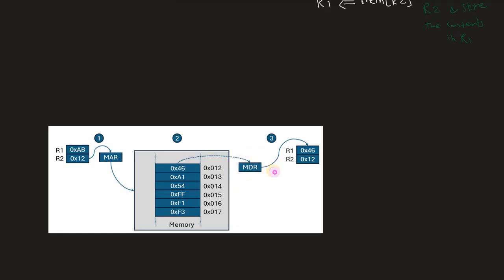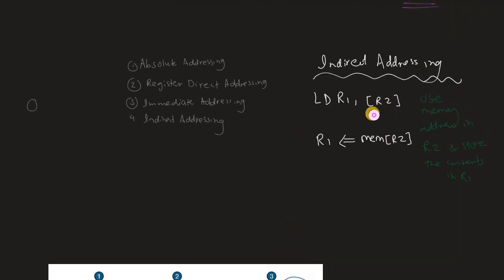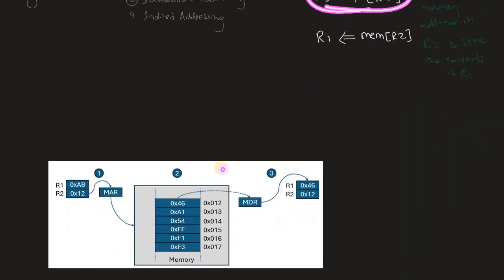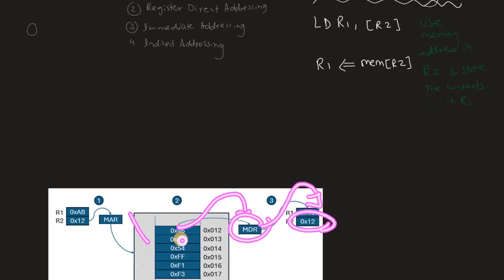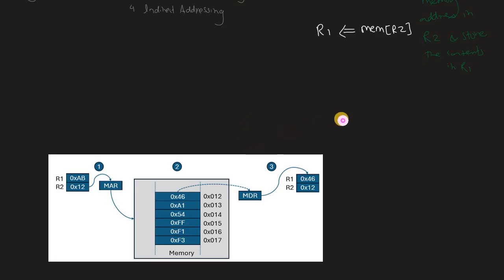Then the contents of MDR are placed into R1. So that's what's happening: R2 goes into MAR, then after reading the memory it's stored into MDR, and then from MDR it goes into R1. If this is not making sense, don't worry; when we do the bus, you will actually know what's happening. For now, if you don't understand, it's okay.